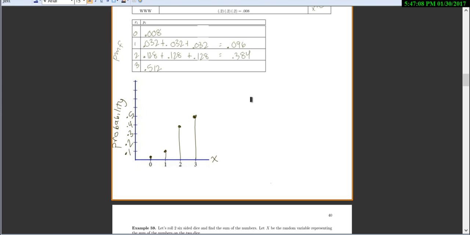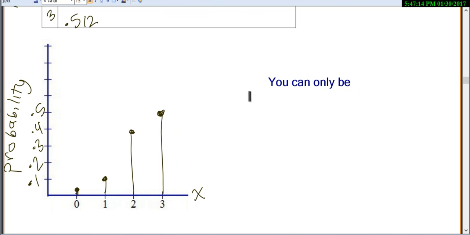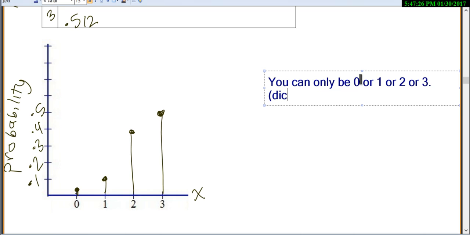Let's make a little note of that. You can only be 0 or 1 or 2 or 3. Now, because you have only those specific values you can be, that clues you in that it is a discrete random variable. So for discrete random variables, you can only be this or this or this. You have a set of values that you can possibly be.